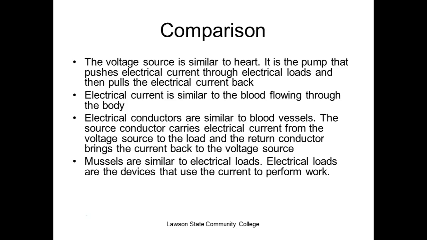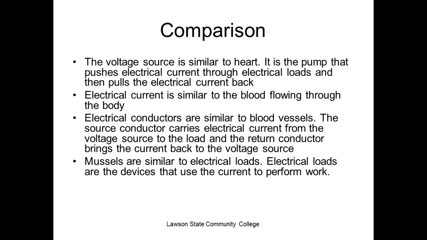So the voltage source is similar to the heart. The voltage source does not create electrons. Everybody understand that? So what does it do? The electrons are already there. Your loads already have electrons in them. Your conductors have a bunch of them that can be moved, right? And your battery has electrons in it.